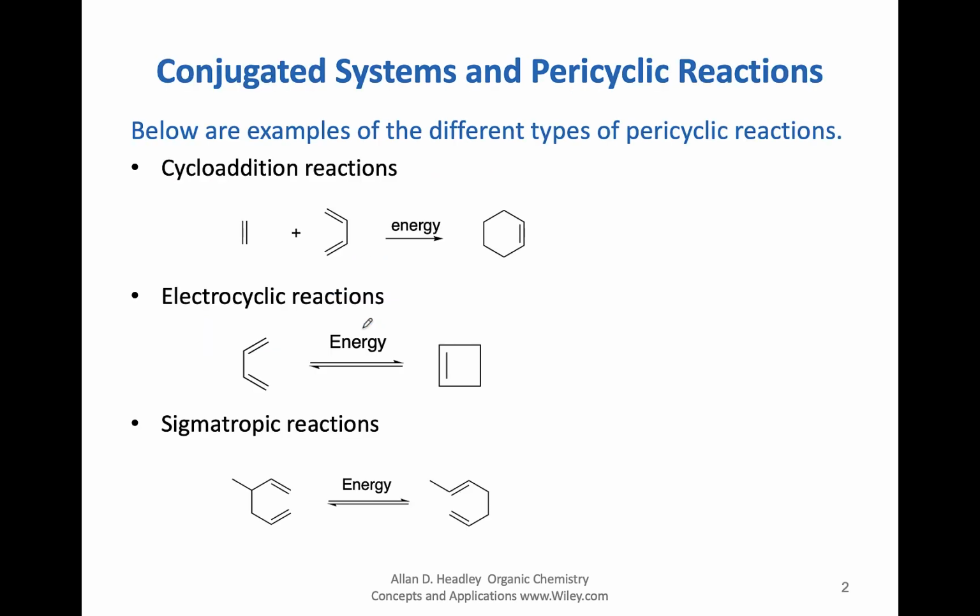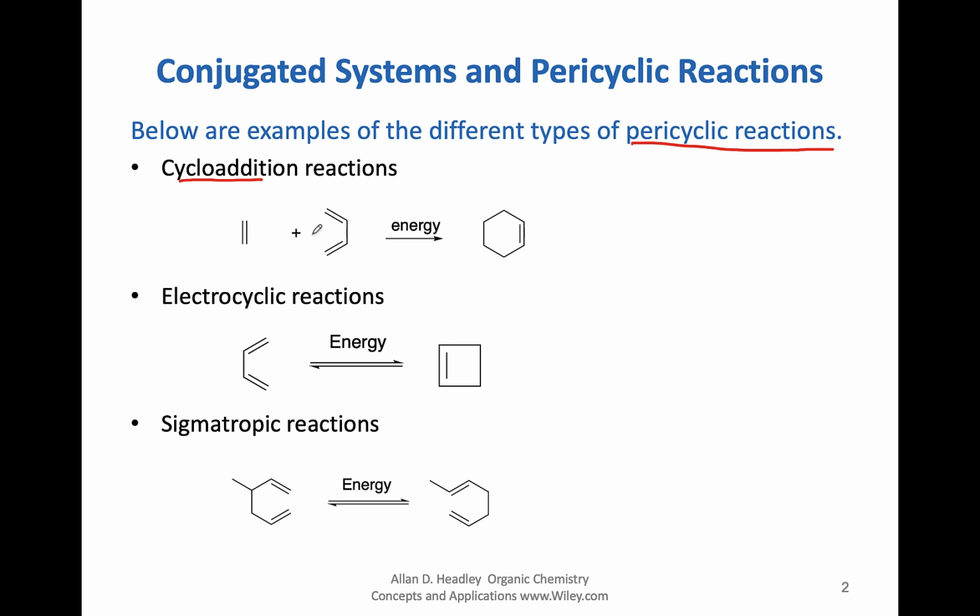So let's start with a quick review. There are three types of pericyclic reactions. The first that we started last lecture was the cycloaddition, which is basically the addition of two molecules which have double bonds.